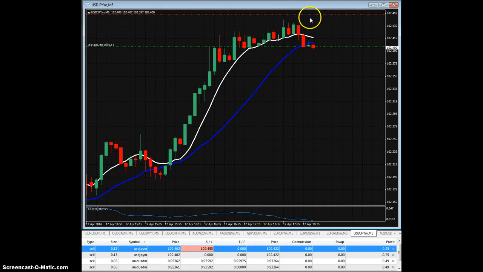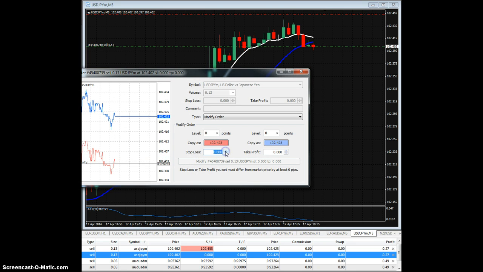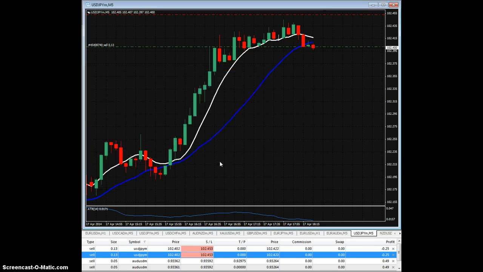So if the price bounces back up there, I'm out. It'll just take me out automatically. I'll go ahead and do the same thing on my other one, 102.453. And now my other stop loss is in there.